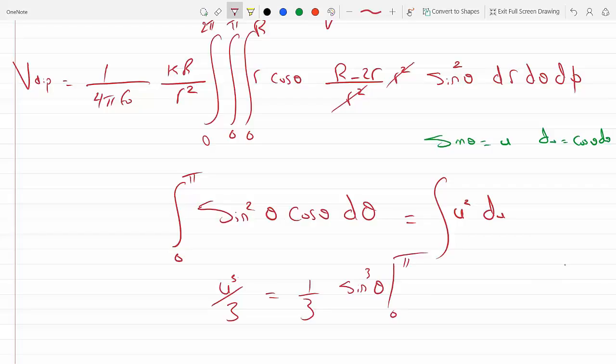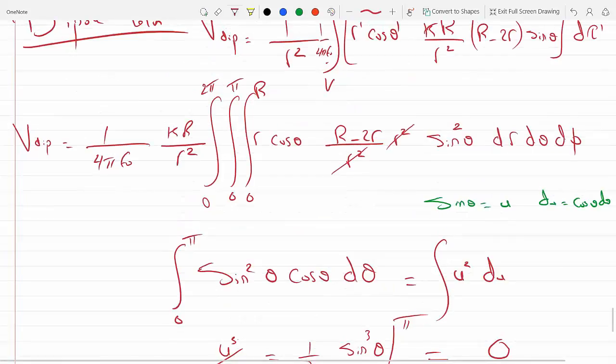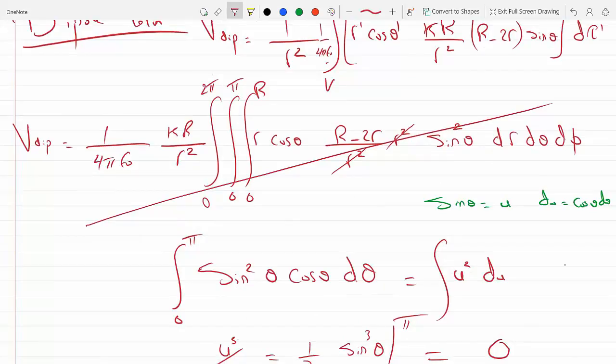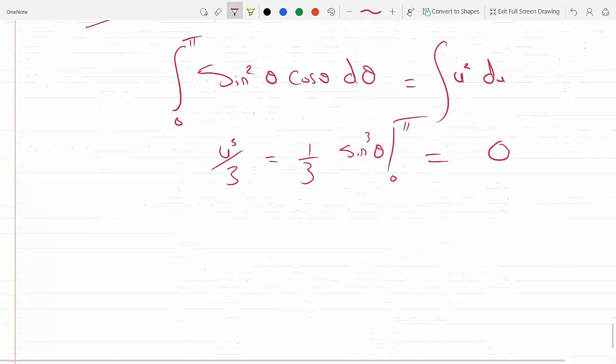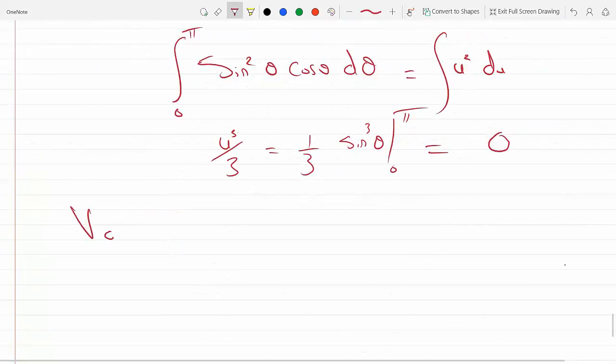But sine 0 is 0 and sine pi is 0, so this whole integral goes to 0. That means the dipole term is also 0 for this charge distribution.